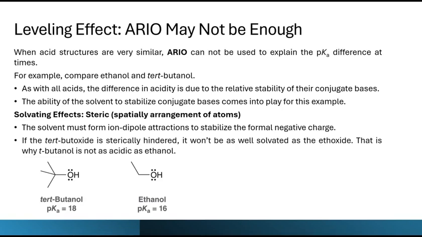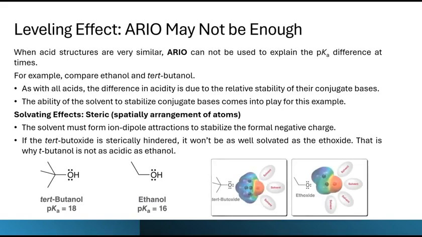If the tert-butoxide is sterically hindered, it won't be as well solvated as the ethoxide. That is why tert-butanol is not as acidic as ethanol. The solvent can't stabilize it, so tert-butoxide is not as easily surrounded as ethoxide would be.